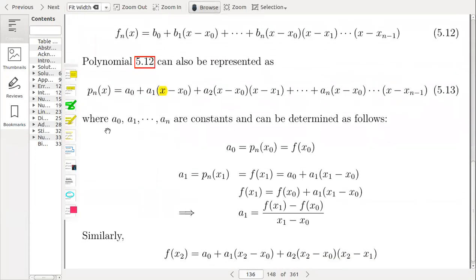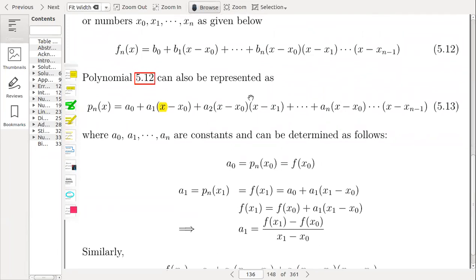Similarly, if we replace x with x1, we terminate the terms after this one, because x1 minus x1 will be equal to 0.